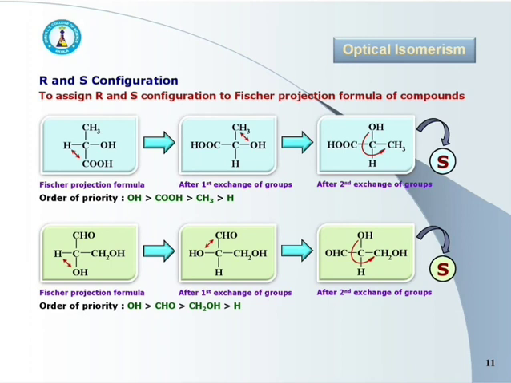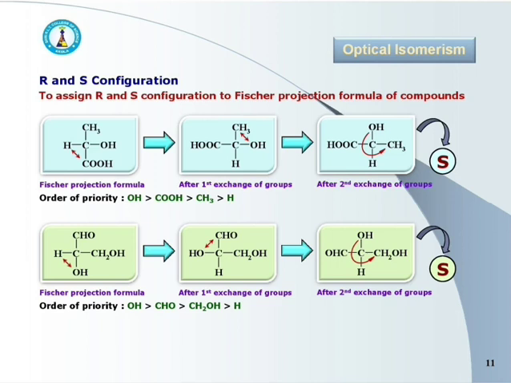Next example. Order of priority of groups attached to the asymmetric carbon is first OH, second CHO, then CH2OH, and last, that is the hydrogen.